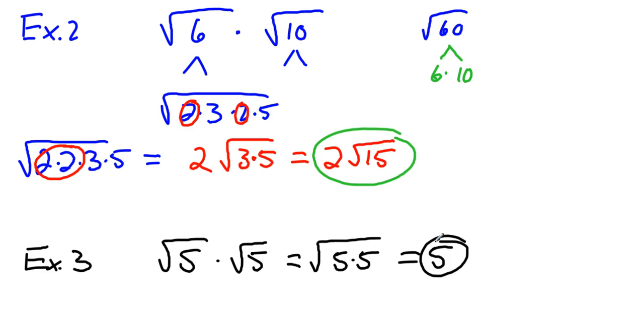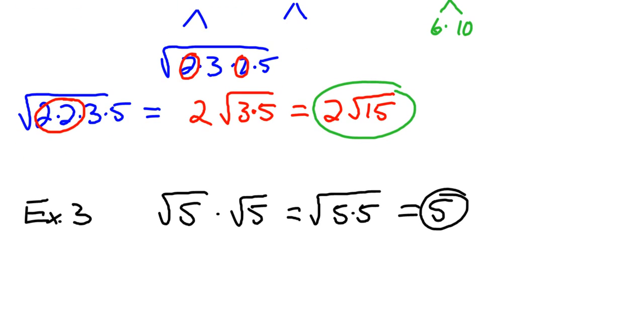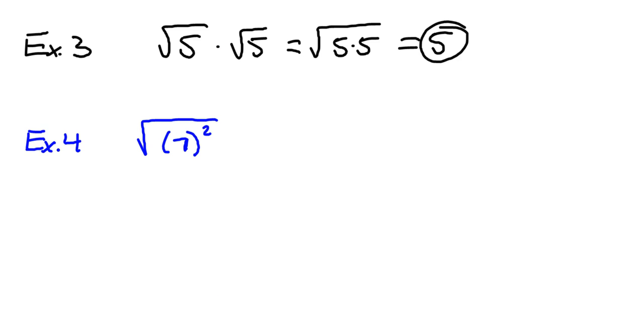Okay, so they'll give you a few just to make sure you've got some numbers here. One little small thing that they'll do, they may give you the square root of 7 squared. If they give you the square root of a number squared, remember, the square and the square root cancel each other out.